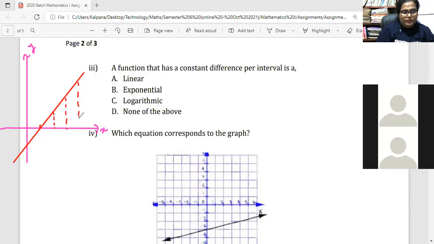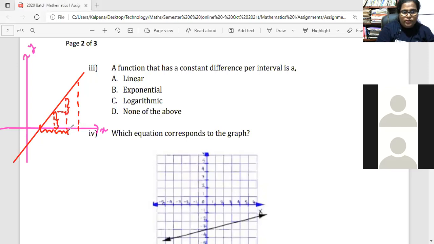Whichever interval you take, the difference there is the same. When you take this difference, this is the y difference, the function difference, and when you take this difference, you have a constant difference for this one also.